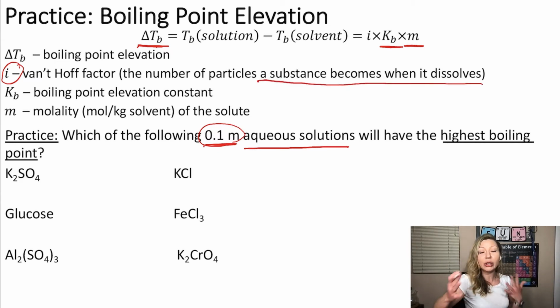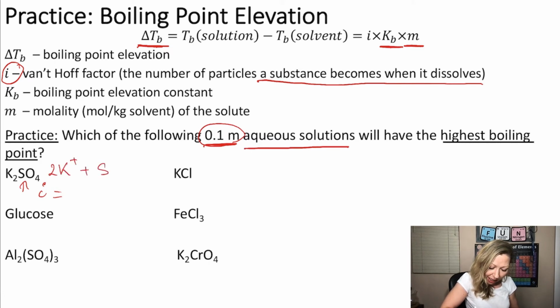So let's try to figure out how many particles we will get when we take potassium sulfate and it dissolves. It's going to dissociate into 2 moles of K+ ions plus the sulfate ions. So that is going to give you 3 particles in total.